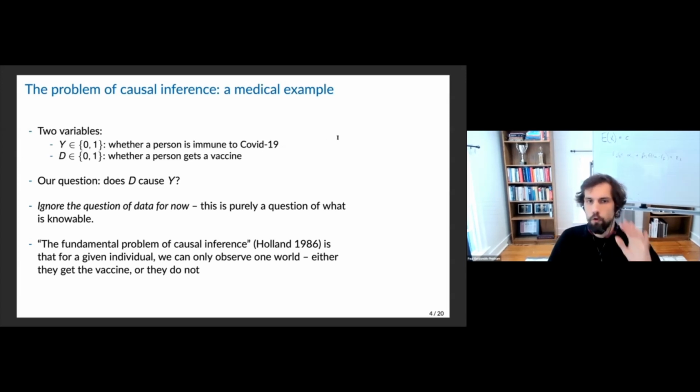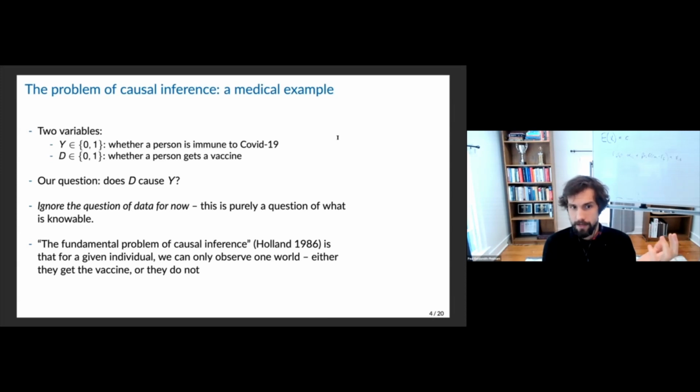Okay. So in a lot of the ways that I'm going to talk about things in class today, I'm going to refer to this type of example. This is obviously very apropos, but imagine some sort of binary outcome where we're thinking about whether or not someone is immune to COVID, and the treatment, D, is whether or not someone gets a vaccine.